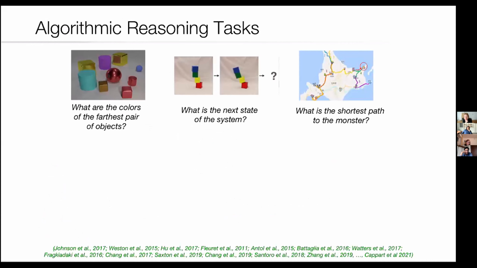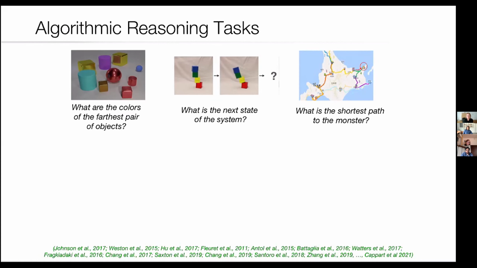So let's take a step further and be a little bit more general in our algorithmic tasks. Here the tasks are what are called algorithmic reasoning tasks. Essentially these are tasks like predicting something about relations between objects or next states of a physical system, or for example computing shortest path, etc. So learning actually algorithms.